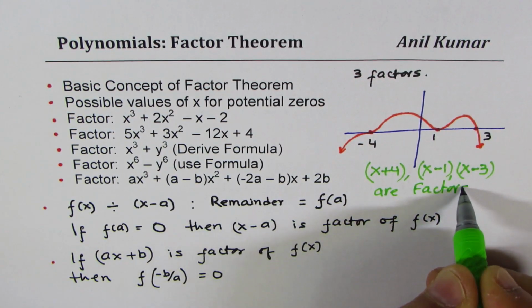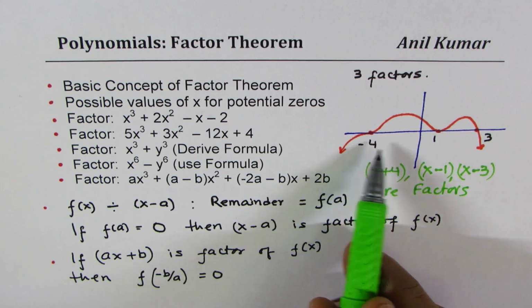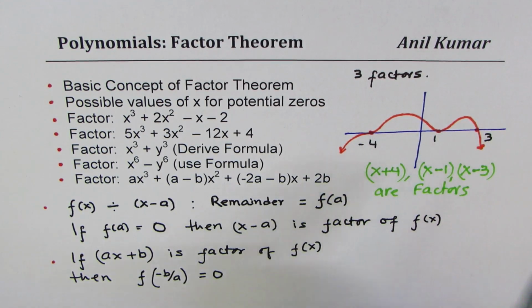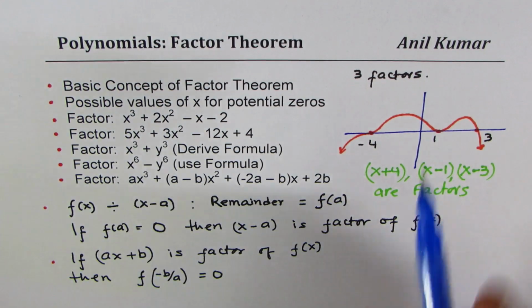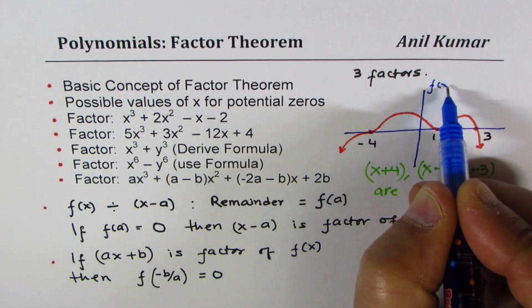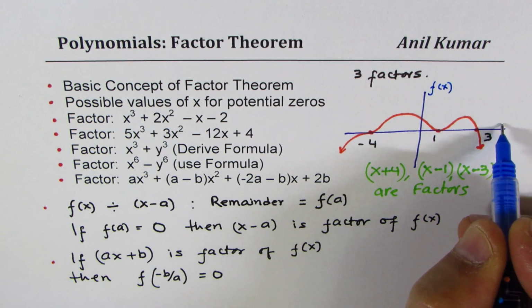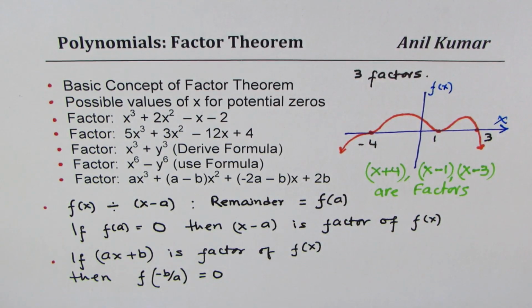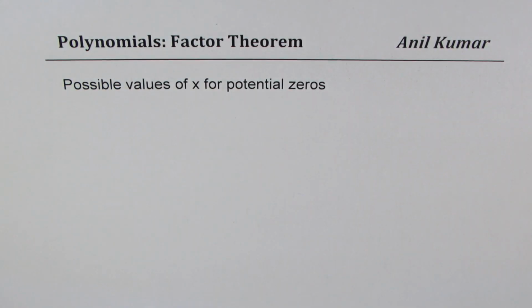Perfect. Since at these points, minus 4, 1 and 3, we have zeros or x-intercepts, the y value is 0. So the function f of x is 0 at some values of x, and they correspond to the factors. Okay, possible values of x for potential zeros.